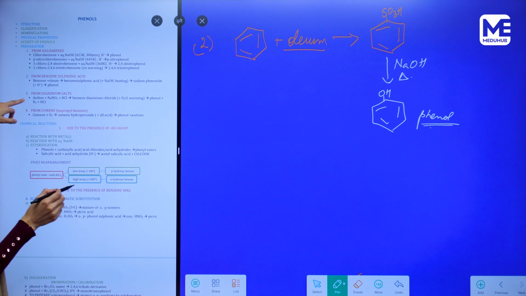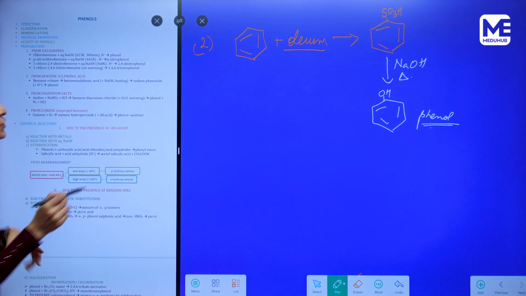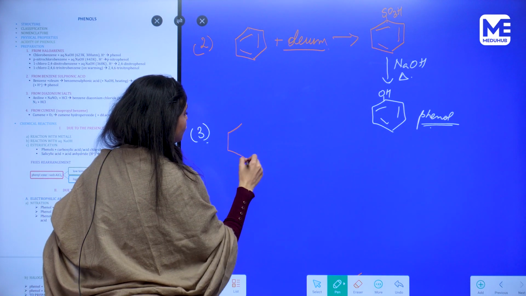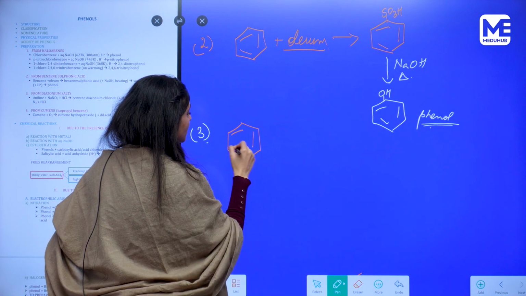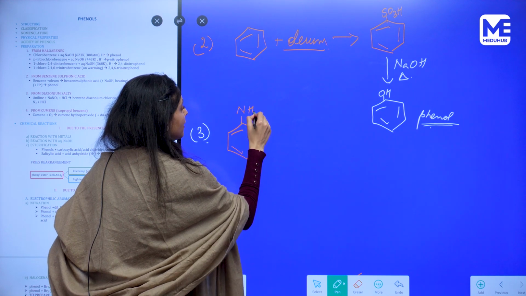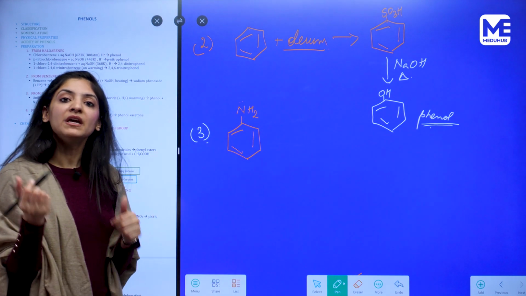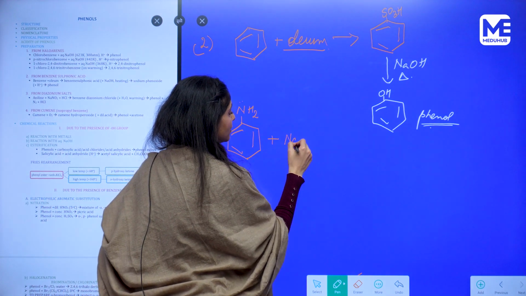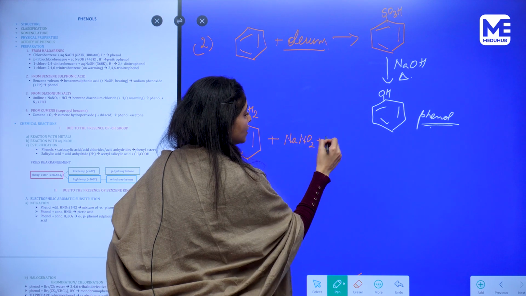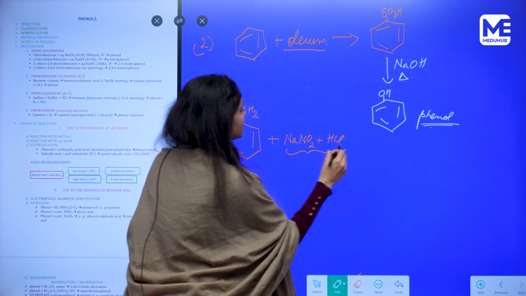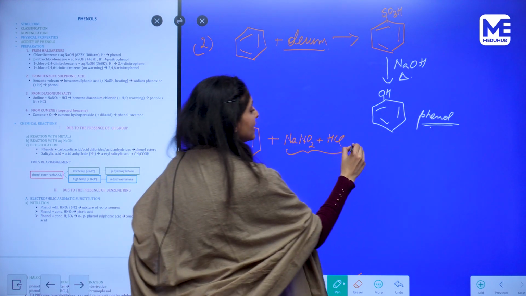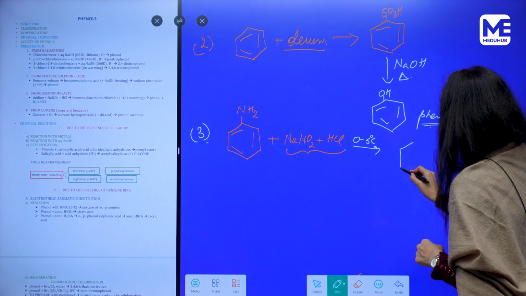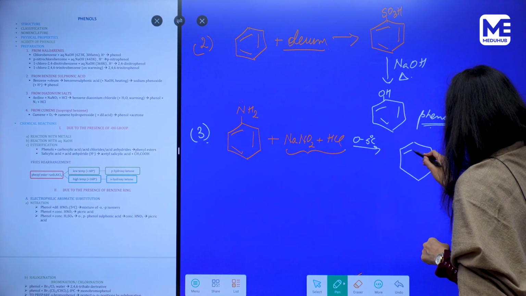The third method is from diazonium salt. To form a diazonium salt, we need to start with an aromatic primary amine. So we have aniline here. It forms a diazonium salt with nitrous acid, which is prepared in situ using NaNO2 and HCl at a temperature of 0 to 5 degrees Celsius. First, we will get benzene diazonium chloride.